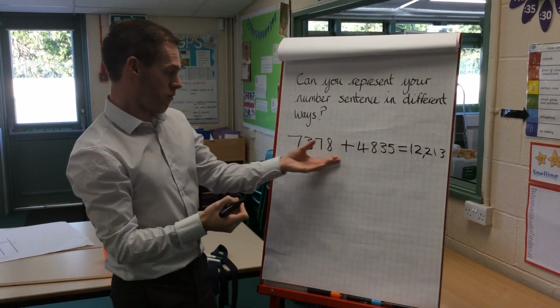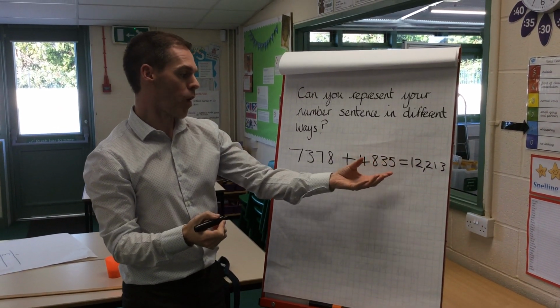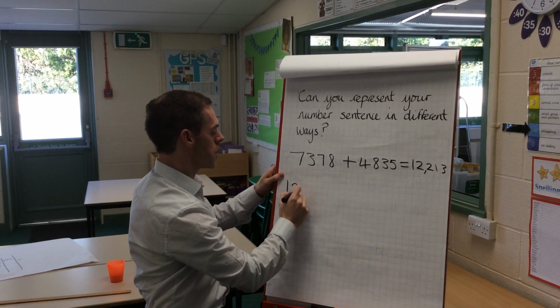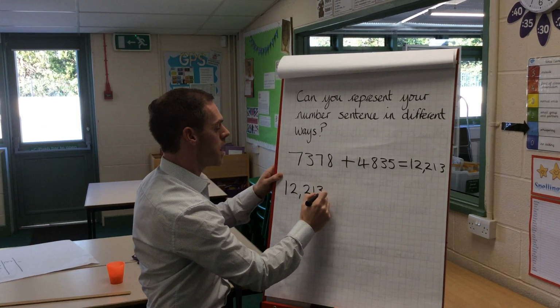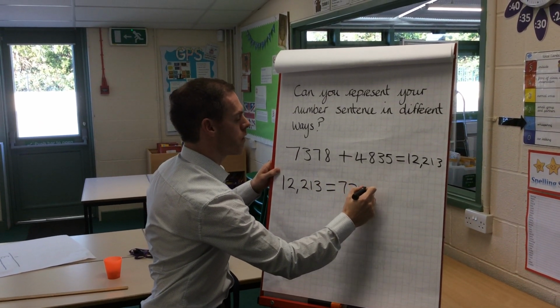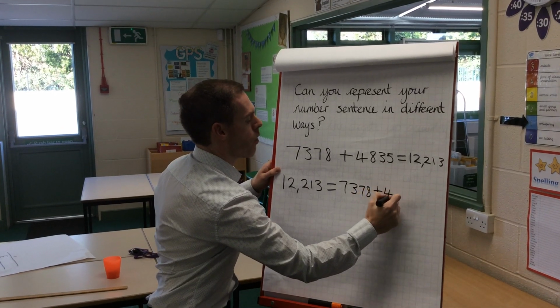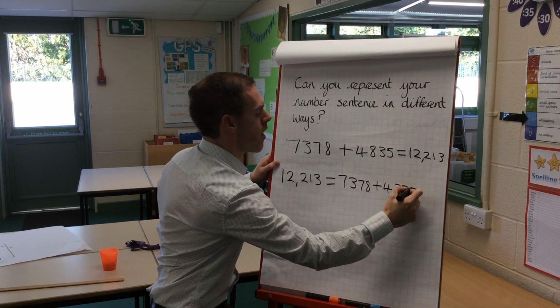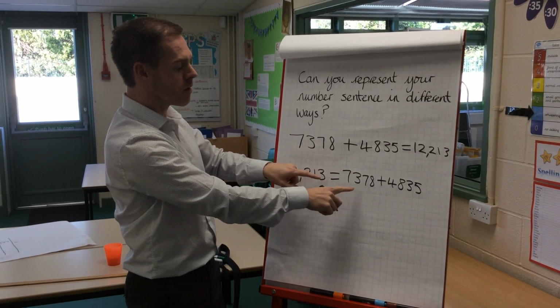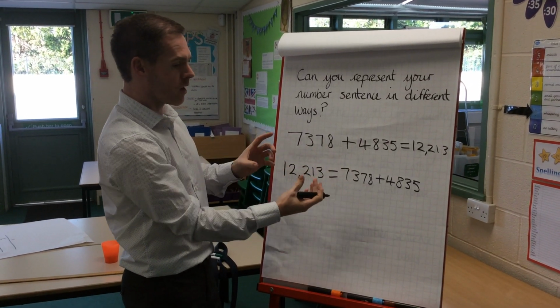So I could write that in this way, which is the way we're probably most familiar with it. But I could also write 12,213 equals 7,378 plus 4,835, and that's still exactly the same as that. Just because my equals is at the start doesn't mean it's any different. I'm just moving it around.